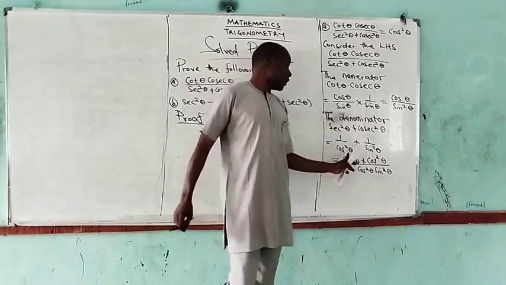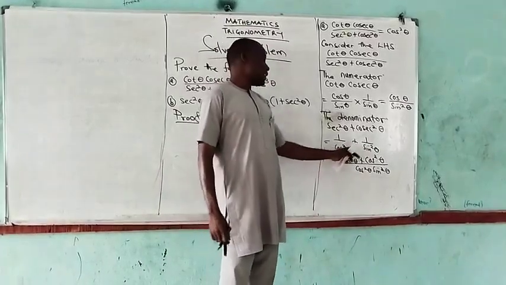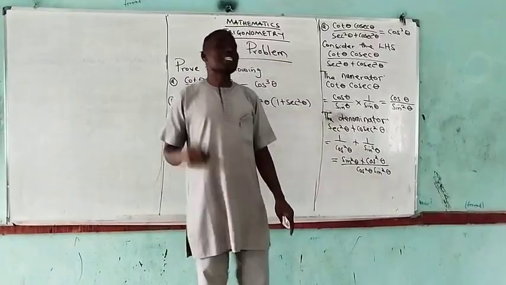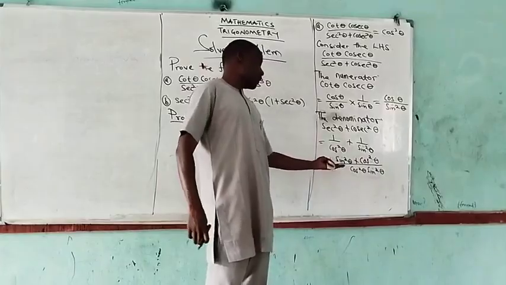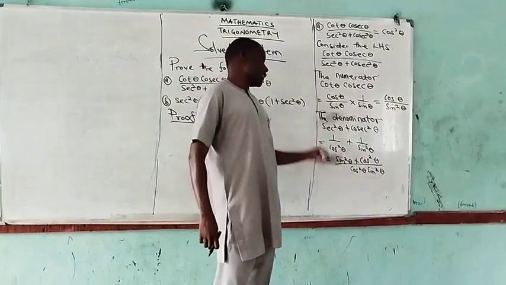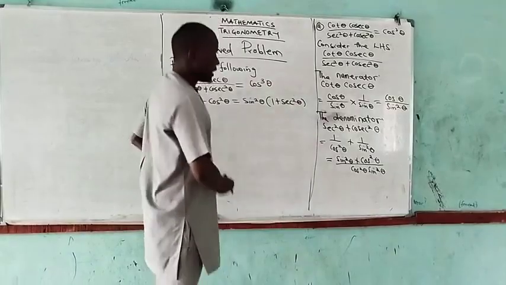The LCM is cos square theta sine square theta; divided by cos square theta it gives sine square theta.